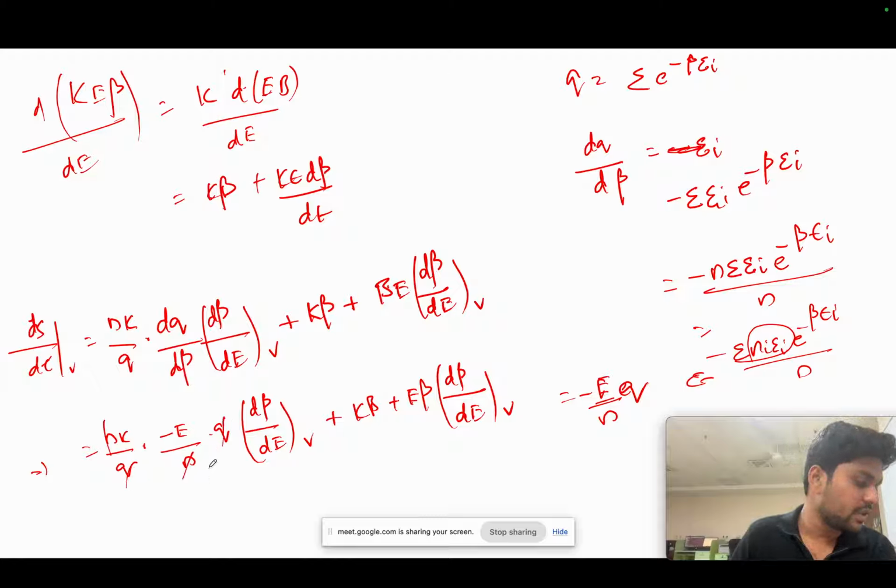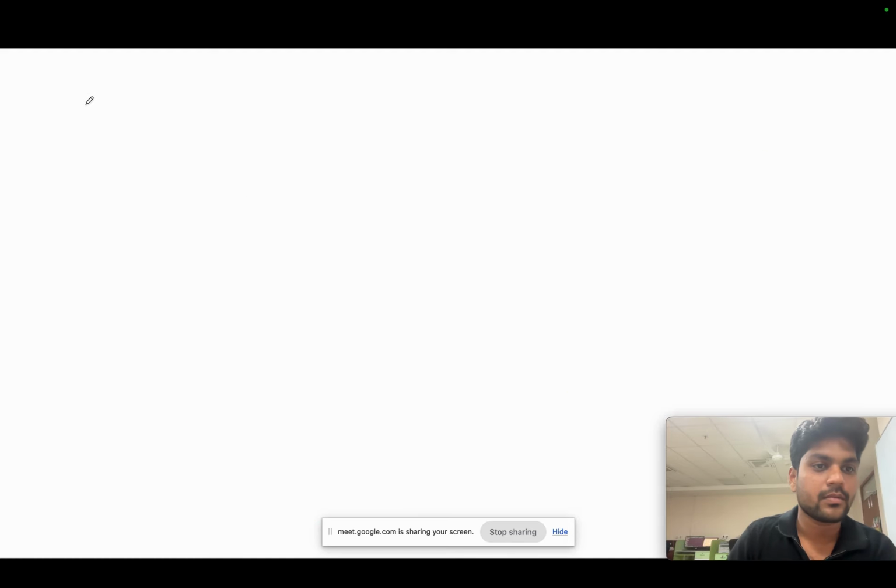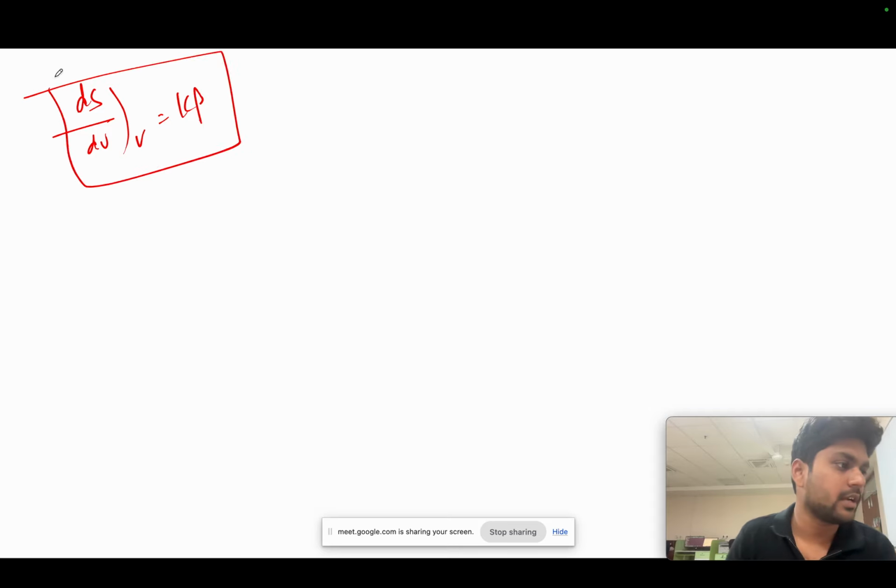So now the final equation, if you assume that the total energy is nothing but the total internal energy, then you get the formula of k beta.